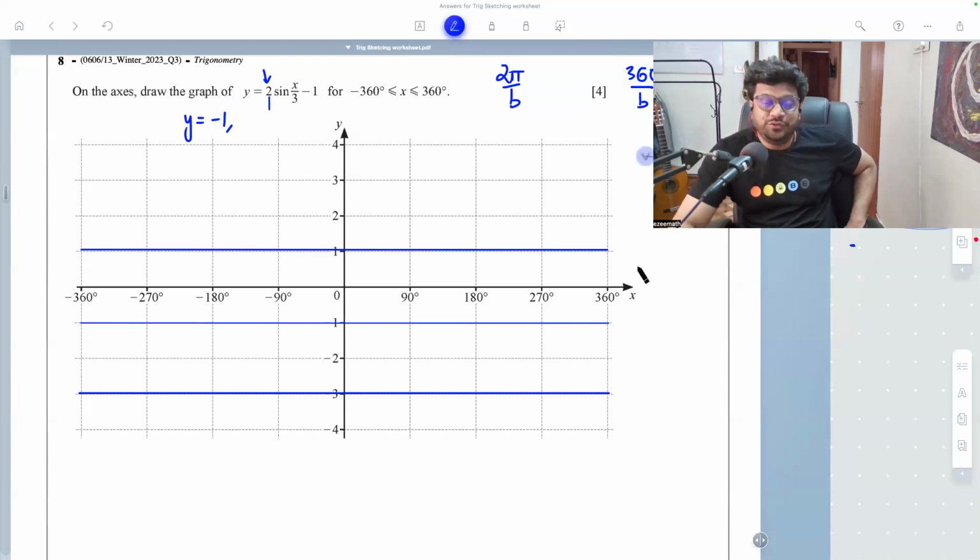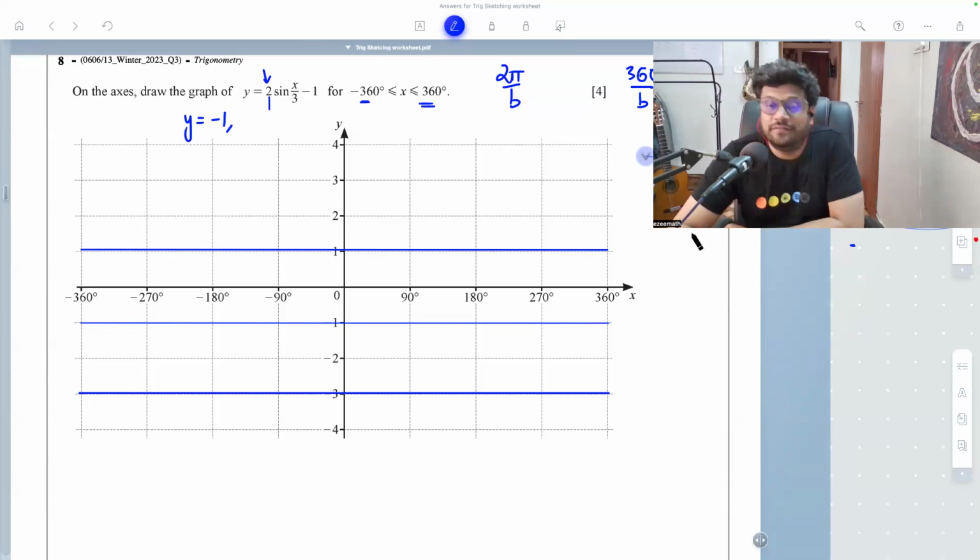And you are supposed to have it drawn between negative 360 and positive 360. So that's only how much of the curve? How much of the curve do you think it's going to be between 0 and 360? 1/3 of the curve. Okay, fine. It's a sine curve. No problem. I'll start from here.